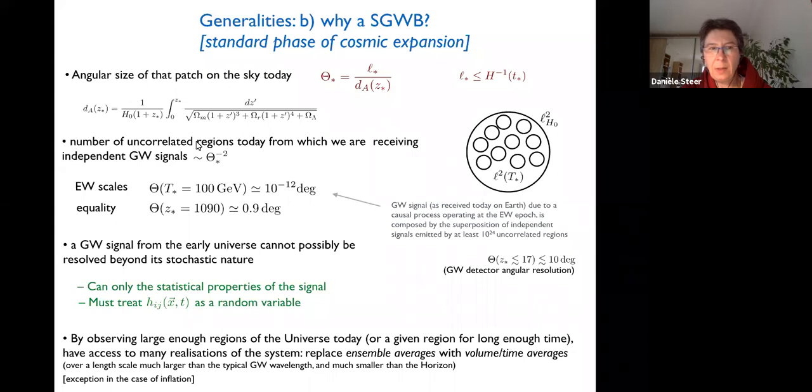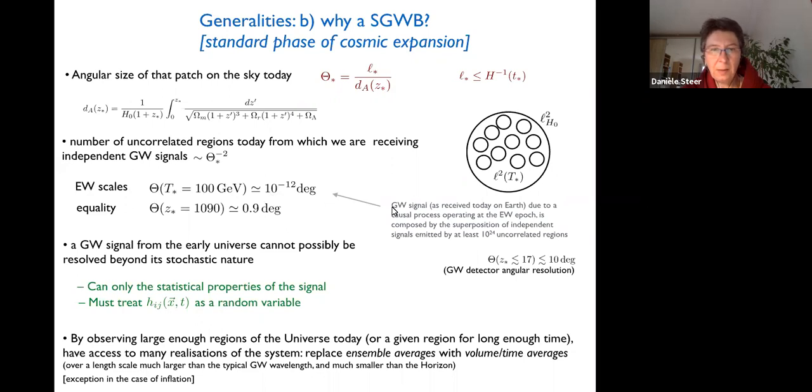And the number of uncorrelated regions today from which we receive independent gravitational wave signals is of the order of this angle to the minus 2. And again, you can calculate it. So for example, at the electroweak scale, temperatures of order 100 GeV, you find that theta is of order 10 to the minus 12 degrees.